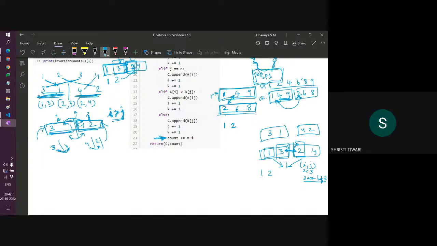Yeah. And inversion also tells us that if the value is greater than. So this is what I'm trying to say. So don't say that merge sort is finding inversions. It is not. Yeah, but what I want to say is the idea behind that.